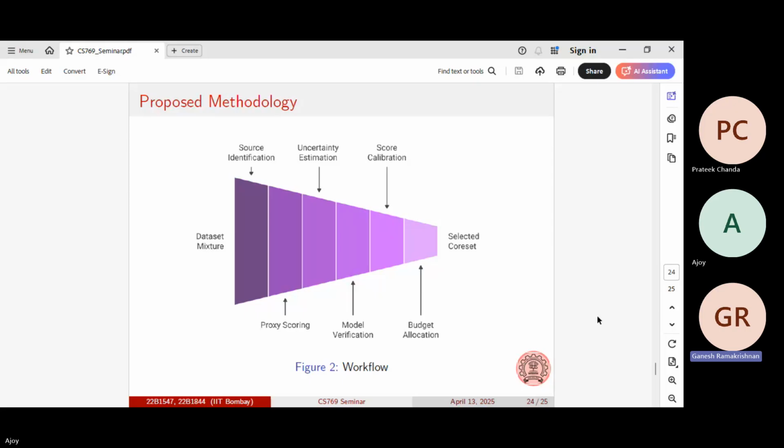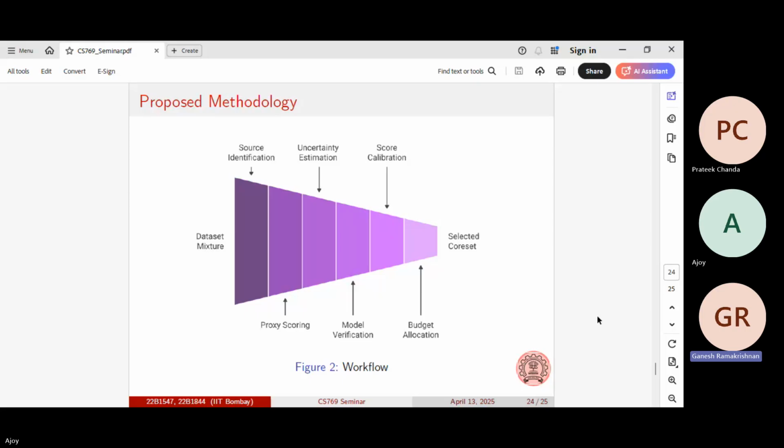So we do an uncertainty estimation and then we rank those samples according to their uncertainty in those various regions, and then we verify using the larger model only focusing on those uncertain samples. So we sample 70% by uncertainty and 30% is random sampling. And then we calculate the score using linear regression for both the speculative and target model scores.